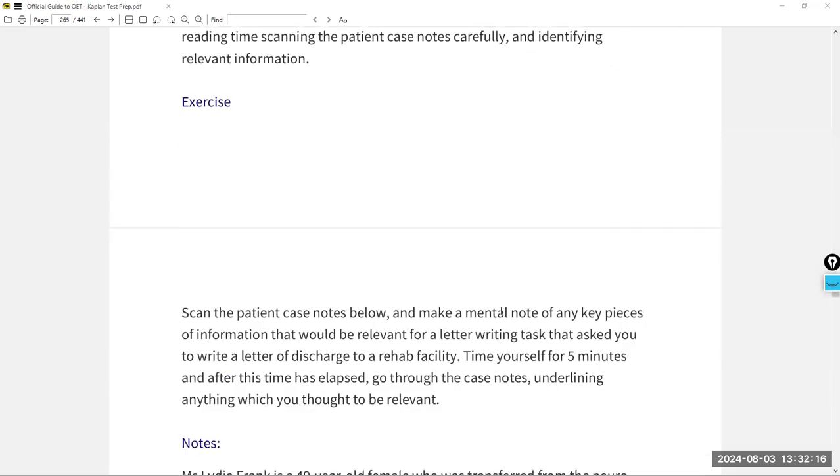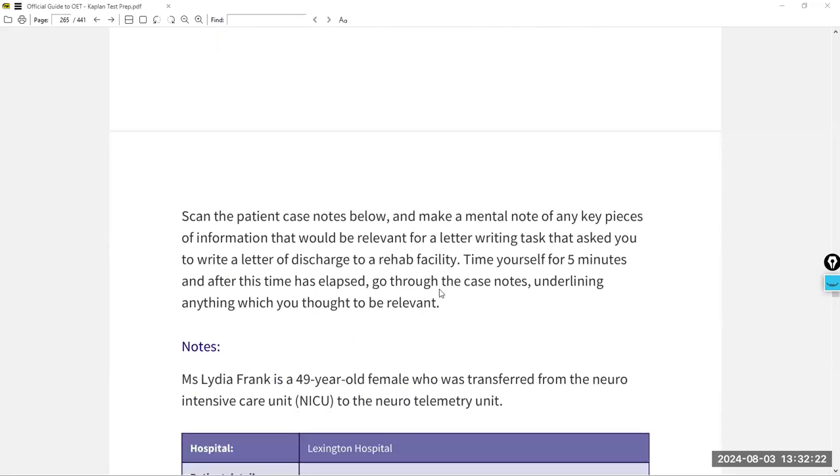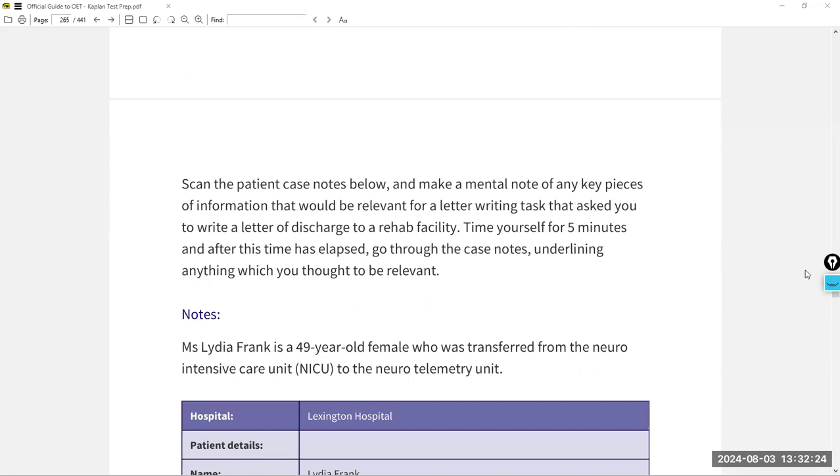Okay, here we have an exercise. Let's try to take a look at this exercise. Now, let's scan the patient case notes below, and let's make a mental note of any key pieces of information that would be relevant for a letter writing task that asked you to write a letter of discharge to a rehab facility.